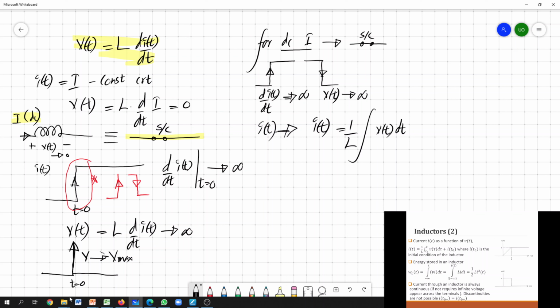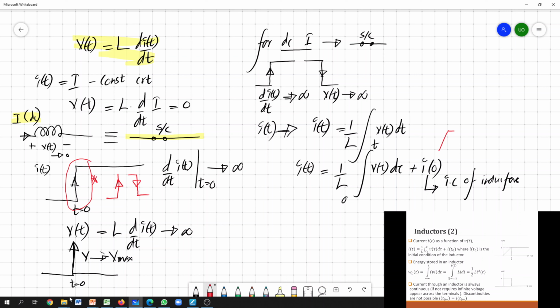We can treat this integral as very similar to the previous case which we discussed in the capacitors. So then this current can be precisely written in this form: integral from 0 to t of V(tau) d tau plus this term. So this is actually the initial condition of the inductor, which captures this effect.